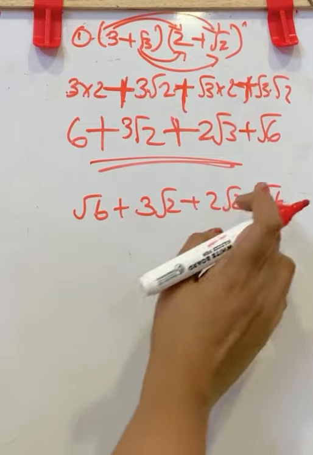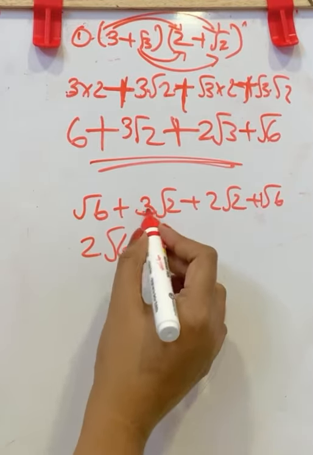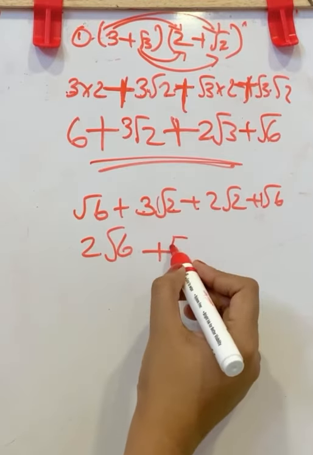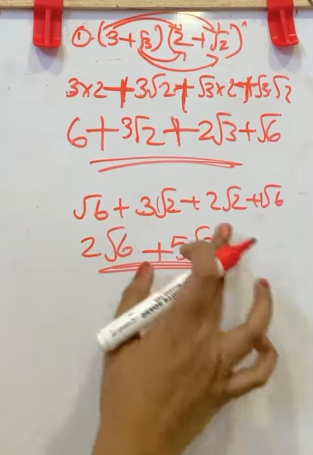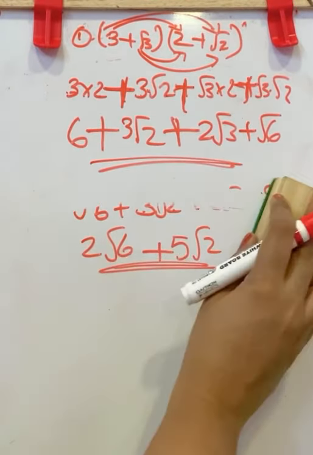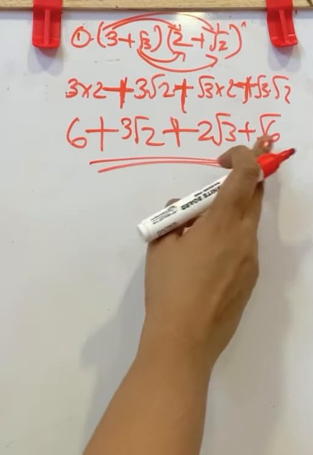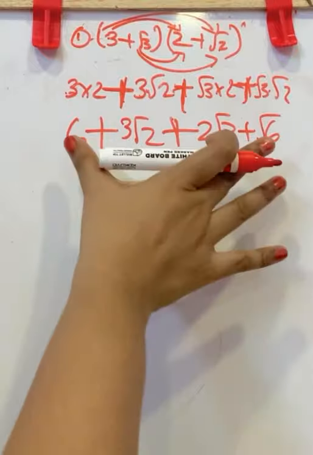That is the meaning here. So it is 2 root 6 plus 3 root 2 plus 2 root 2. Here same roots are here, so you can write it as 5 root 2. Okay. If it was like this, this will be the answer. But here everything is different. That is 1 is root 2, 1 is root 3, 1 is root 6. So you can't add. This is the final step.